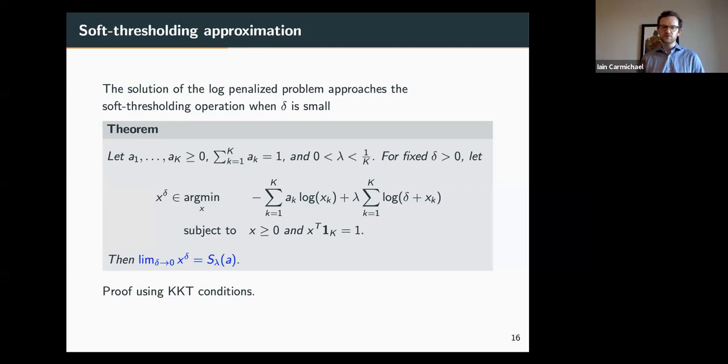The only place delta really shows up is when you're monitoring convergence for the EM algorithm. So delta is no longer an important modeling parameter within this model. Really, the only tuning parameter for this model is lambda, which controls the sparsity of the solution.